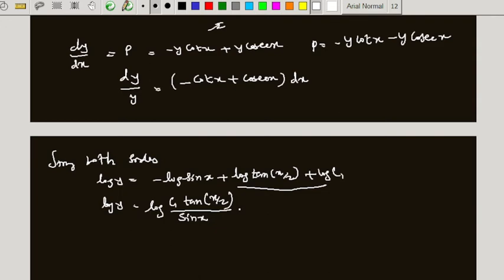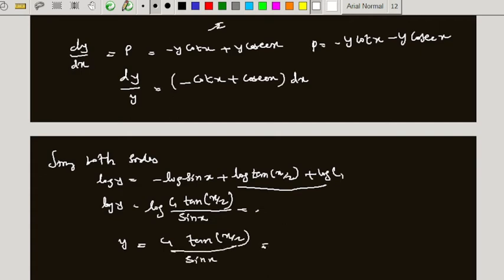Further simplifying, y equals c1 times tan of x by 2 divided by sin x.